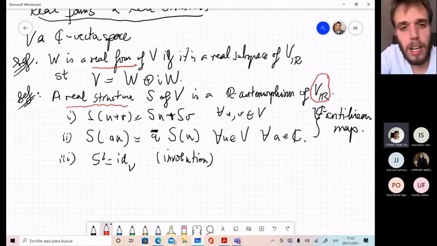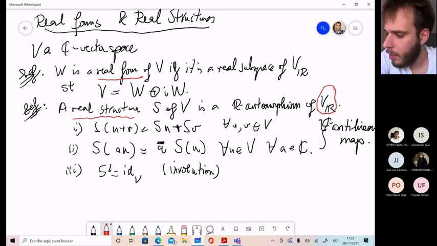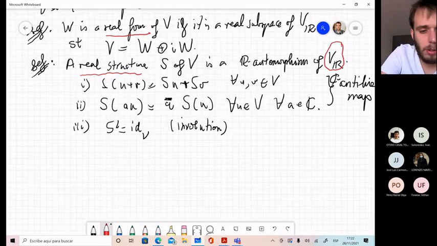Okay, so let's go. So I was telling you that these two concepts are related, because there is a one-to-one correspondence between real forms and real structures. So I'm going to prove that.